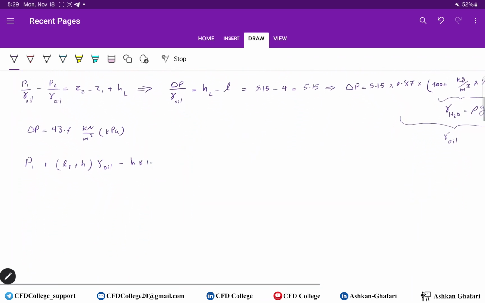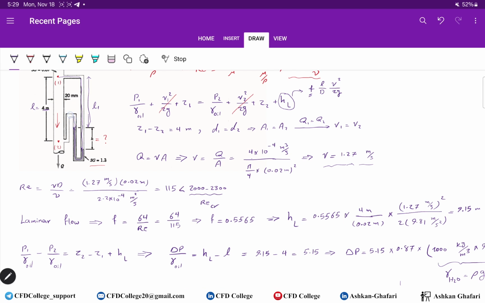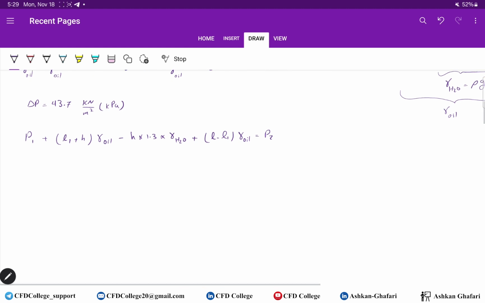Sg, which is 1.3, times gamma of water. Then from this point to this point we move downward, and L minus L1. This is L minus L1. So the movement is downward, plus L minus L1 times gamma of oil, and then we are at point 2.